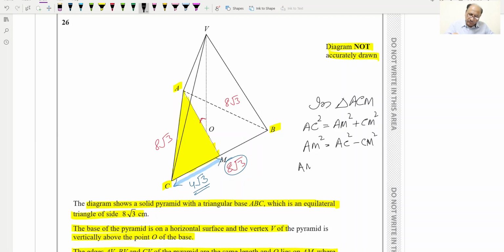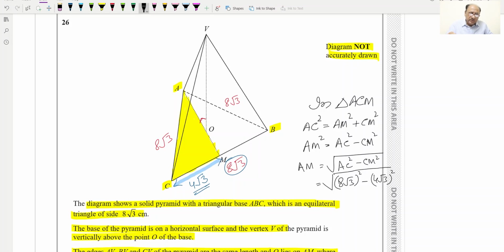Now AM will be equal to square root of AC squared minus CM squared, and AC is 8 under root 3, so 8 root 3 squared minus 4 root 3 squared, and it is all under root.